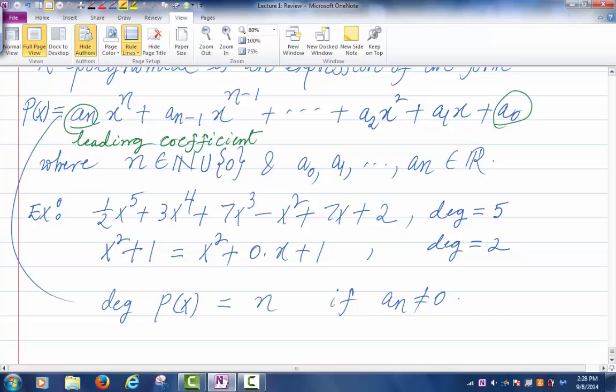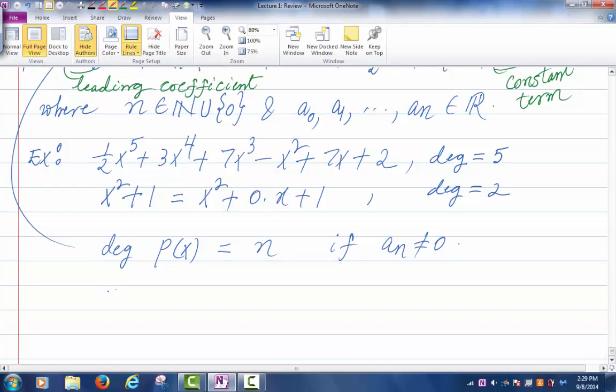And this a0 here, that's called the constant term. Is everybody okay with that? These are just terminologies.